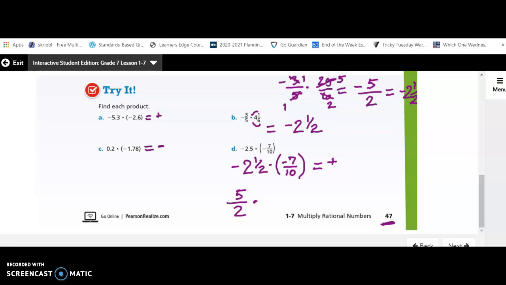2 times 2 is 4, plus 1 is 5. And 7/10 is my second fraction. We know that a negative times a negative becomes a positive. 5 divided by 5 is 1. 10 divided by 5 is 2. And now we can multiply 1 times 7 and 2 times 2.